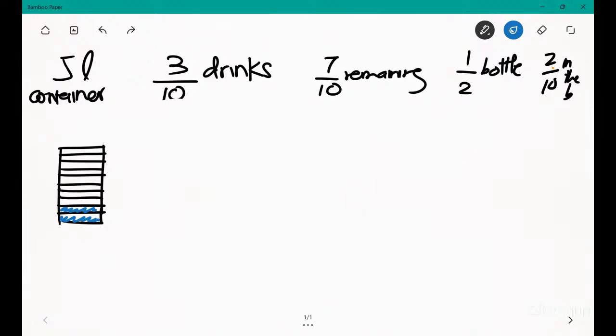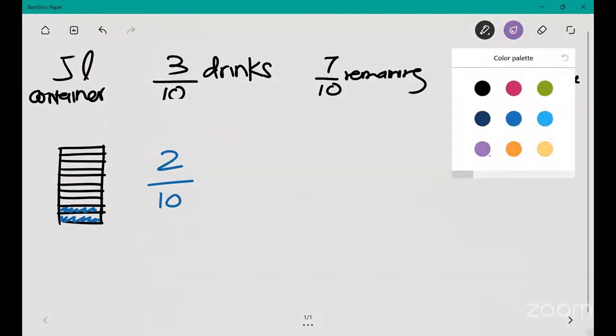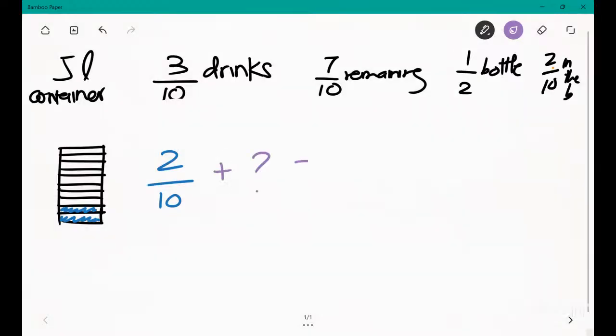So what we have is 2 over 10. So half is going to be, we have to add a certain fraction to get it as half. So that means it's going to be like this: plus something is going to give us half.